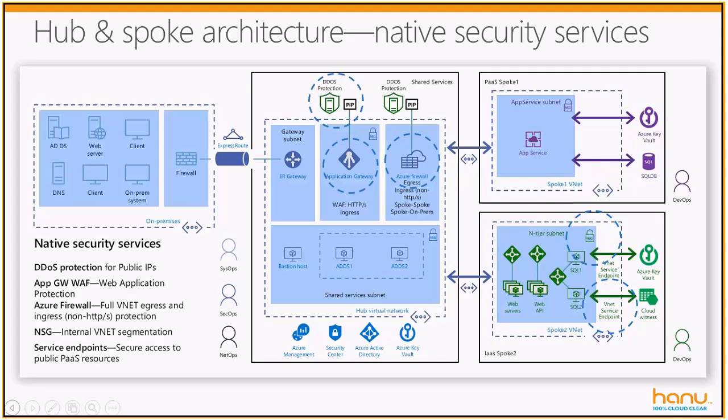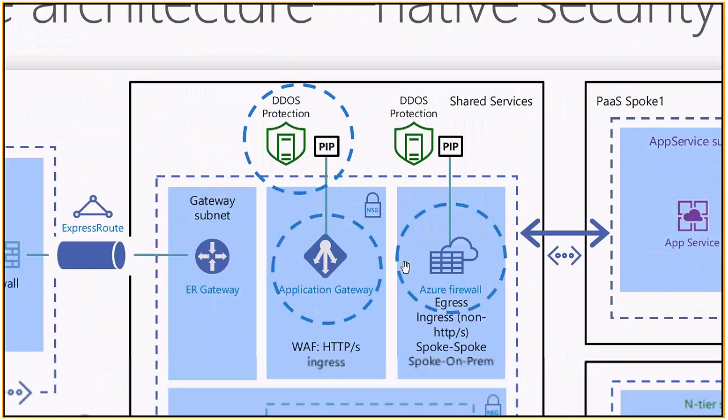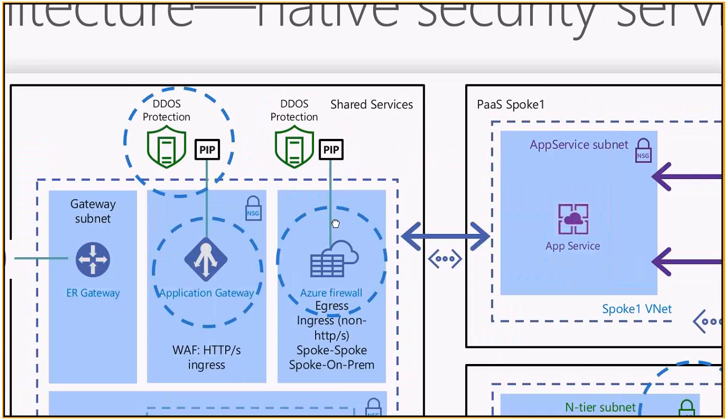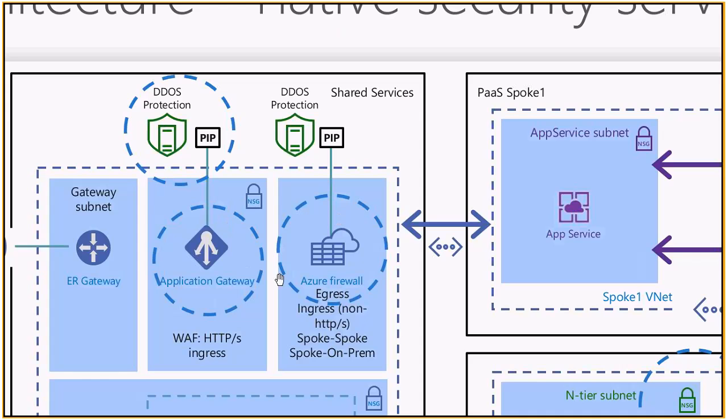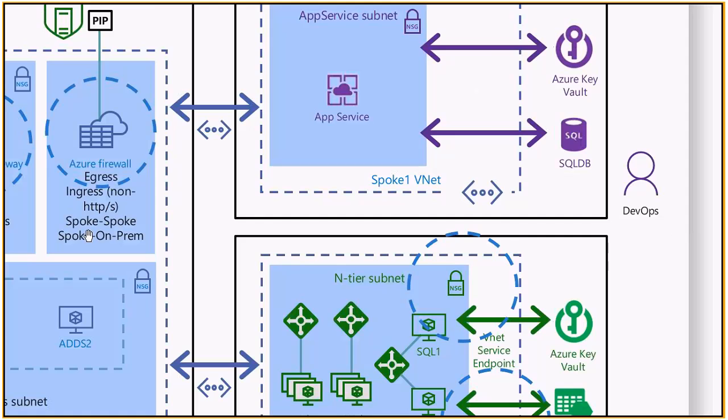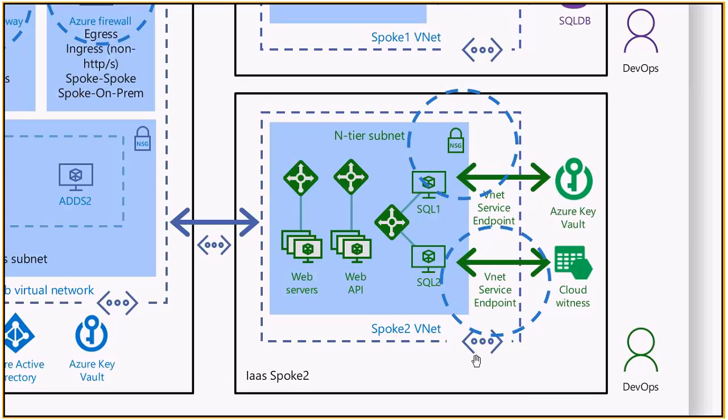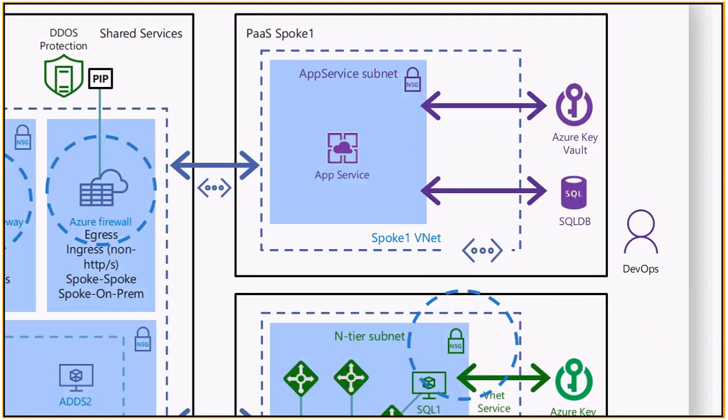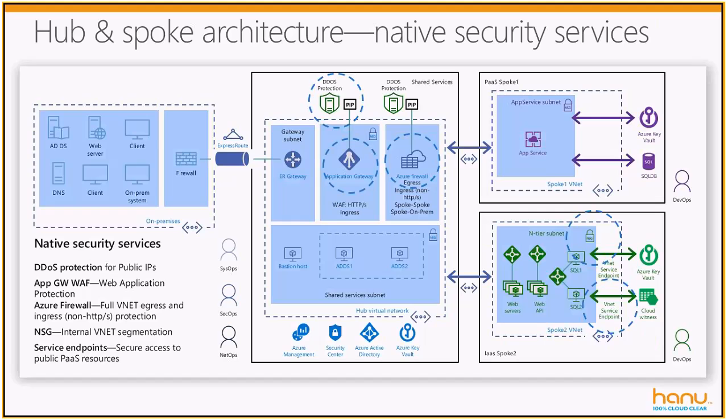The services available for security are DDoS protection, which works over your public IP, and here is our Azure Firewall, the application gateway I was talking about, the WAF, the web application firewall. Here are the VNet service endpoints. You can peer the VNets and then work on their security. So it's just a single architecture with all the services implemented.